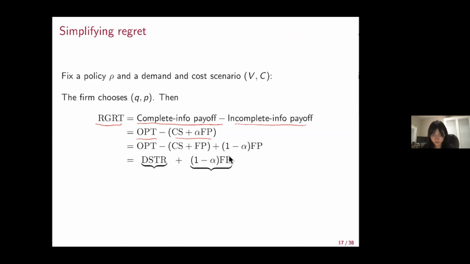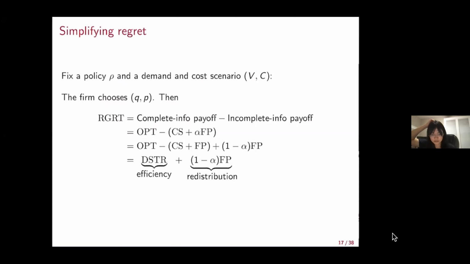With a little bit of algebra, this is the sum of the distortion plus 1 minus alpha times firm's profit. So whenever there is $1 of distortion, my regret goes up by $1. Whenever there is $1 of firm's profit, my regret goes up by 1 minus alpha, right? And that's the decomposition we discussed a little bit at the introduction.